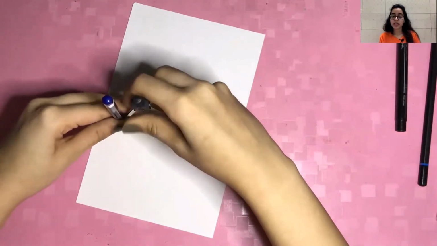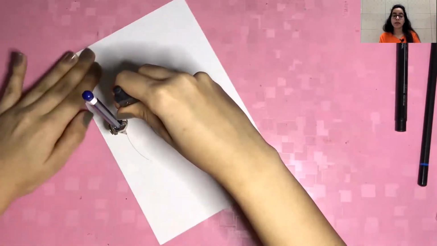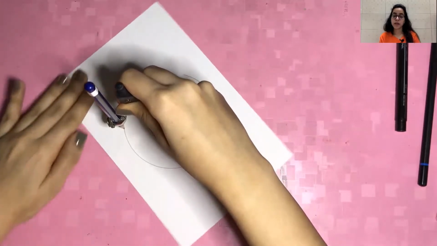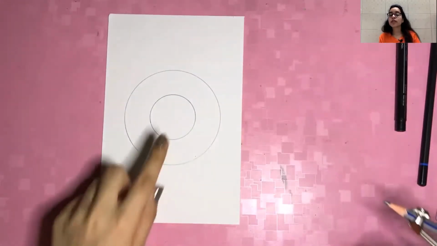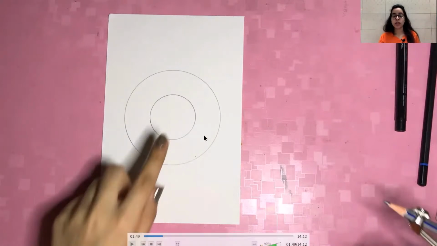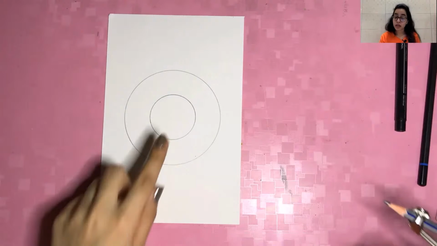Then I extend it a little more and I make a larger circle. So I make a larger circle this time. So I have two of these circles formed up till now. Make sure that all of you have two of these circles ready on your drawing sheet.